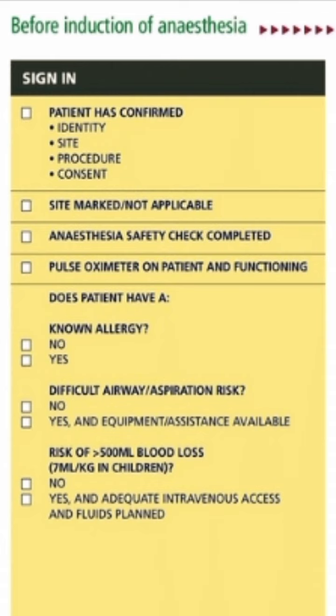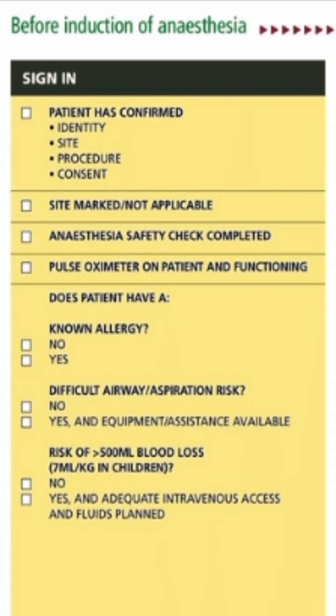Here, after the confirmation of the patient identity, the site of the operation, the name of the procedure, and the written consent by the patient and patient family members, anesthesia safety will be checked by the anesthesiologist or anesthesia technician. The team will also check the pulse oximeter on the patient and whether it is functioning or not.